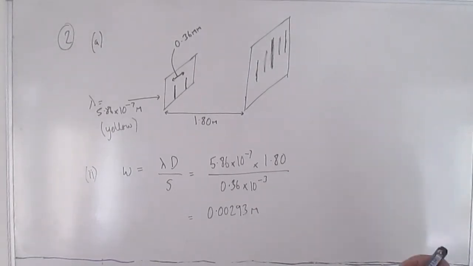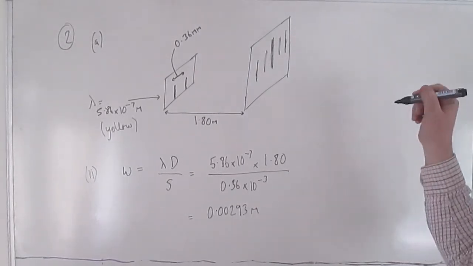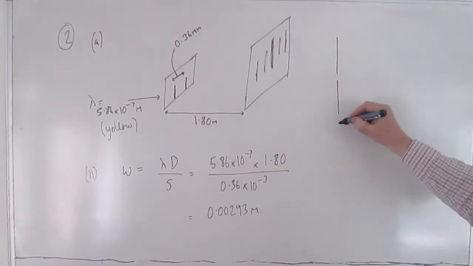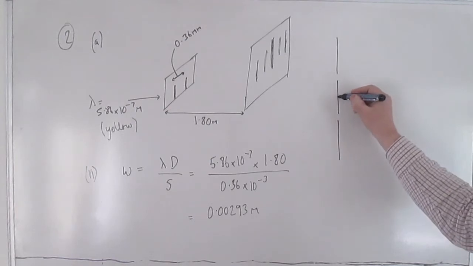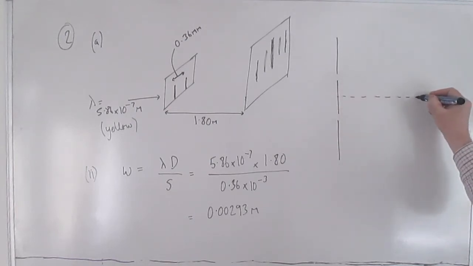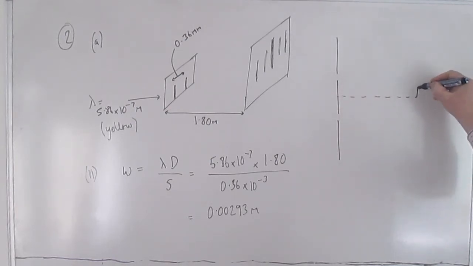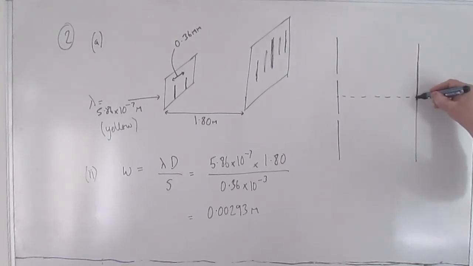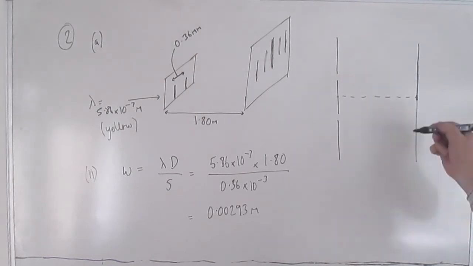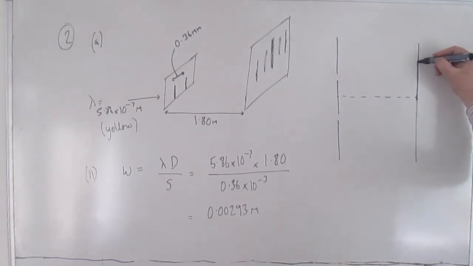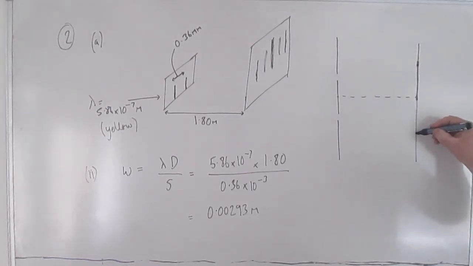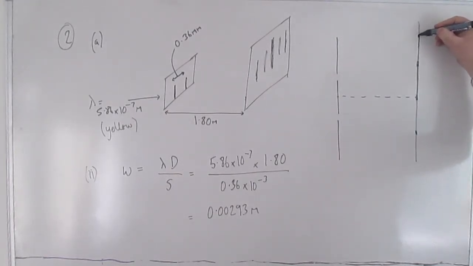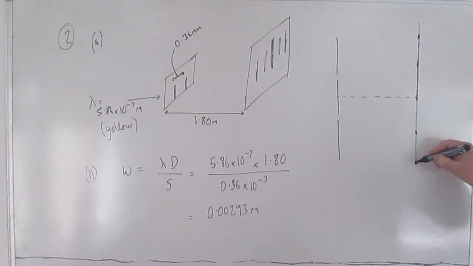So it's easier to see that if we look down on it from the top and say, right, here's the centre of our first bright fringe there, and the second one is going to be over here somewhere, and then the third one is going to be over here somewhere.